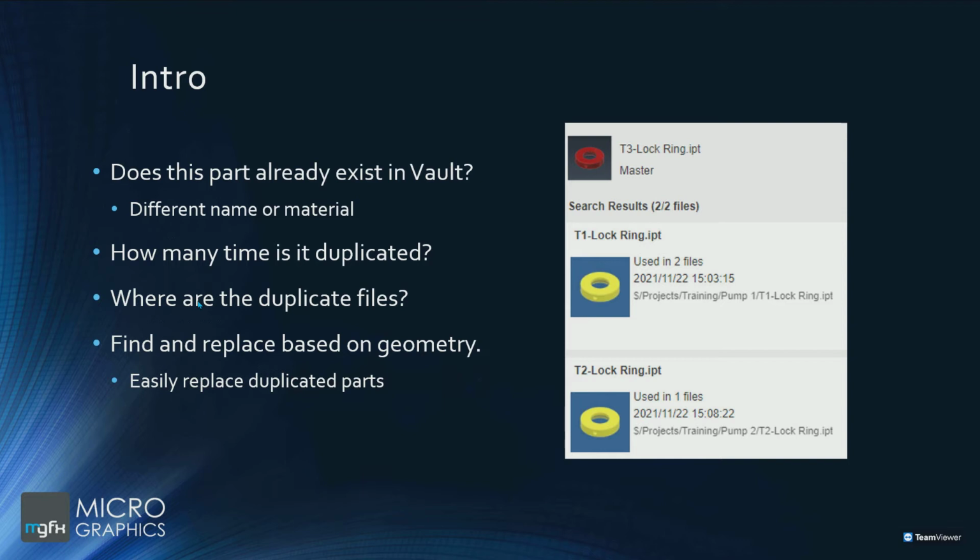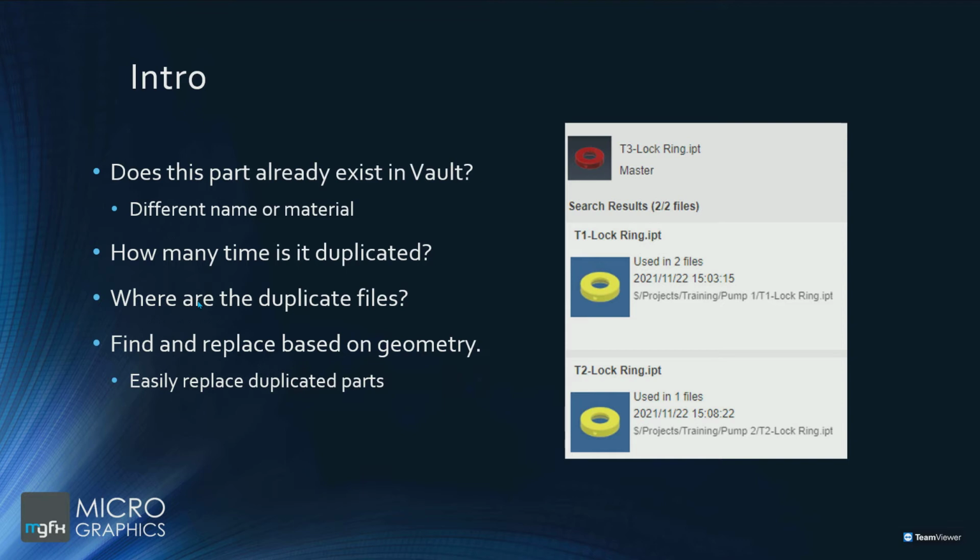And at the end of the day, we'll be able to do a find and replace, or as a designer, you may want to find and replace according to the geometry. So you identify your duplicate components in your assembly, and then you would want to replace those with the file that's already in Vault.